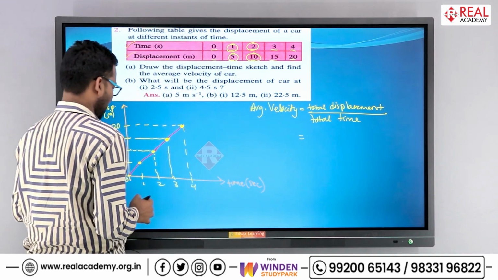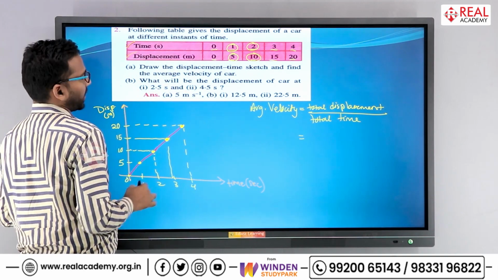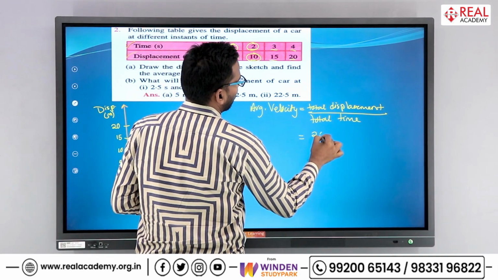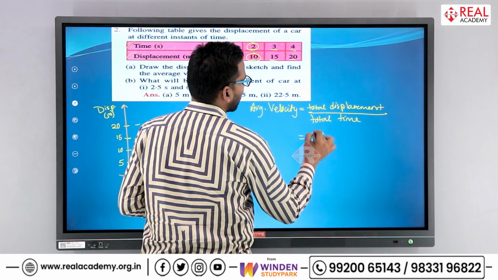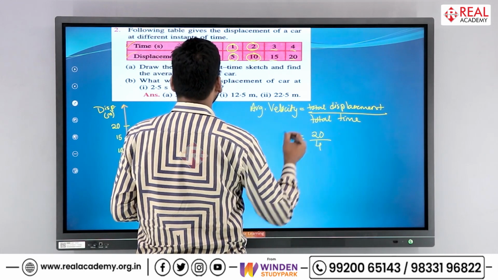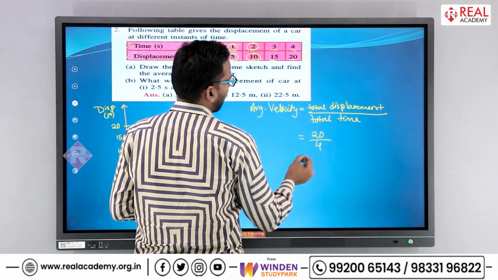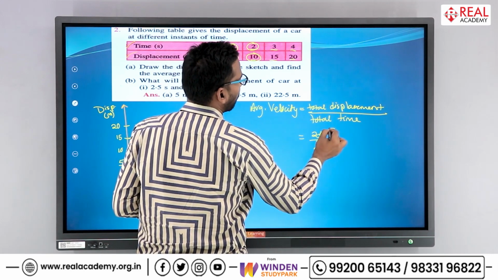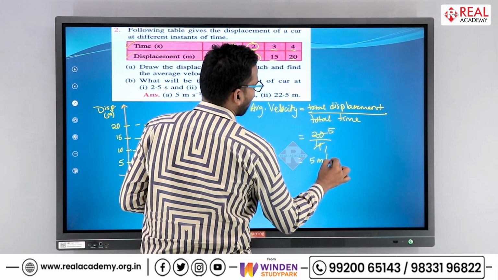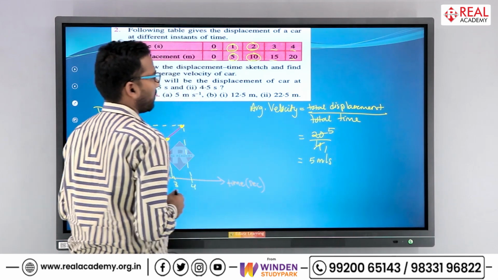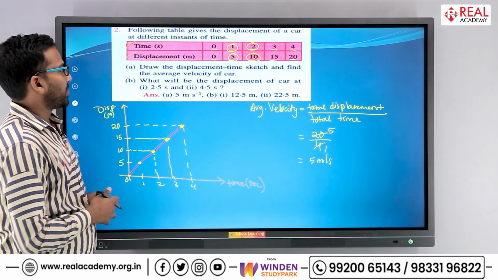So what is the total displacement? It is 20 meters. And what is the total time? It's 4 seconds. So what is 20 upon 4? 4 fives are 20, so 5. So the average velocity is 5 meter per second.